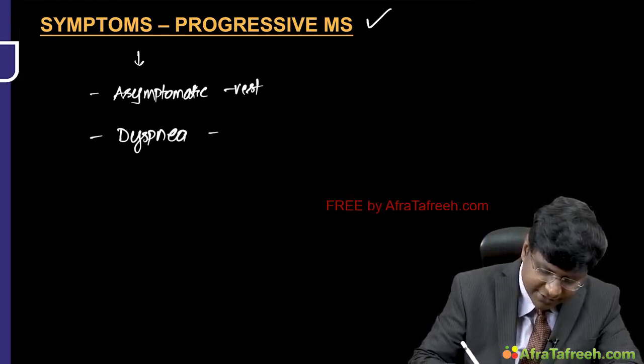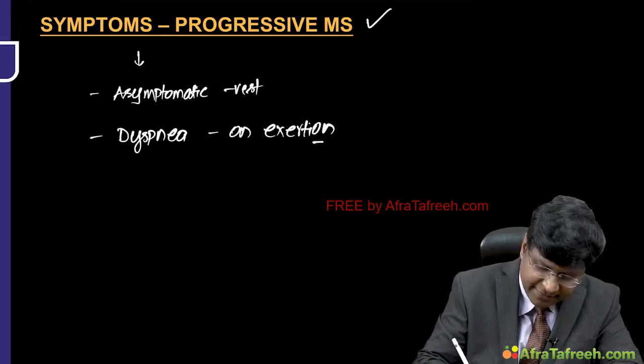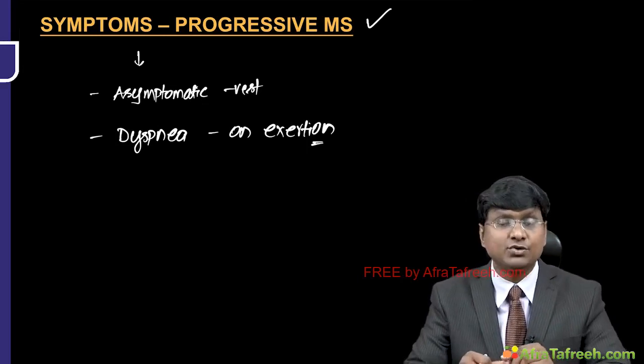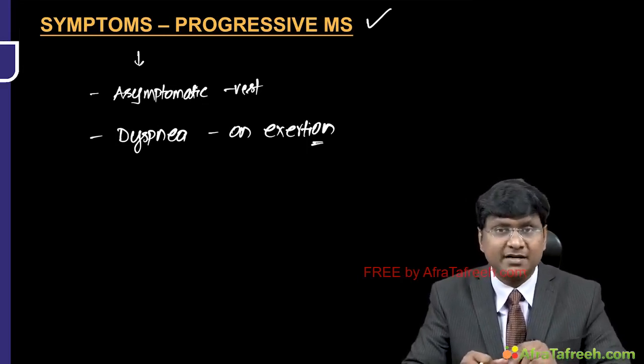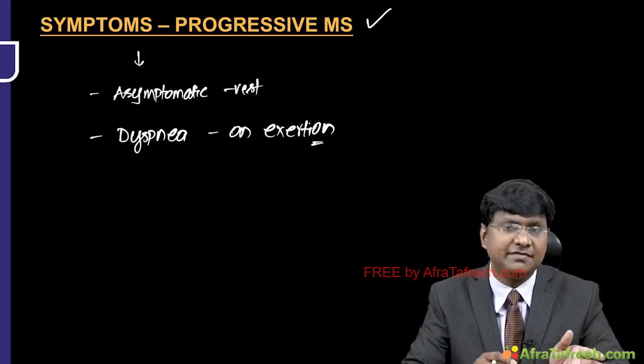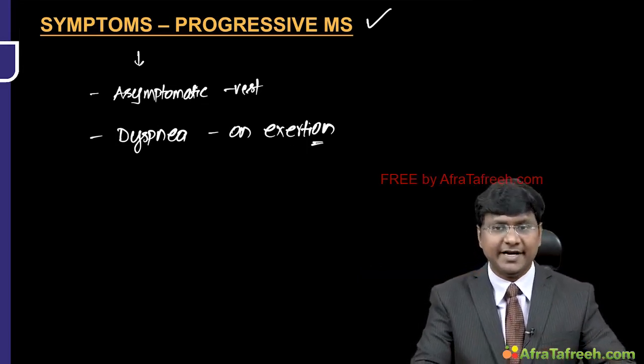Why on exertion? We have just discussed the pathophysiology. On exertion, the ventricular rate increases, so diastolic filling time decreases, transmitral gradient increases, and that will increase the pulmonary venous and pulmonary capillary wedge pressure, causing pulmonary edema.